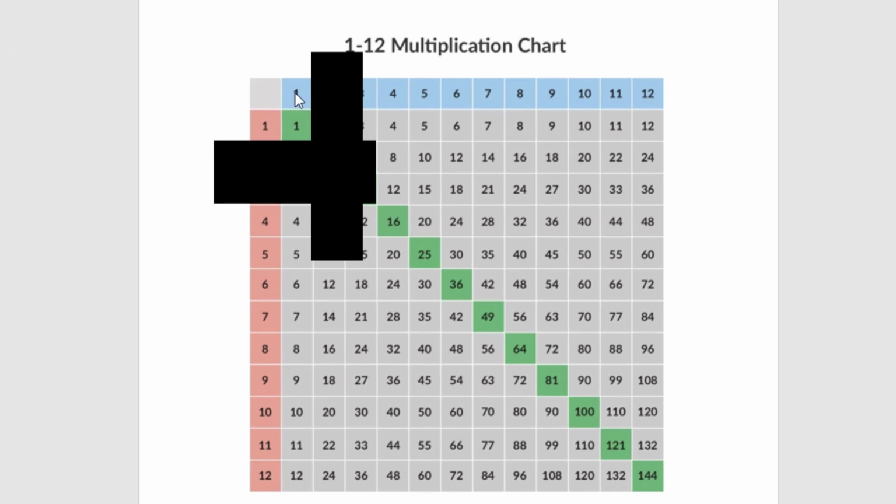Now here I have 1 times 1, and of course my answer is going to be 1, and I have one little square here that is symbolizing that 1, and it's an actual square. Remember that a square is a rectangle. It's a special rectangle. Let's look at the number 2.